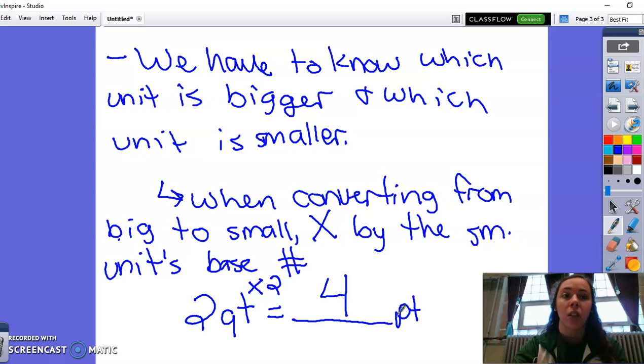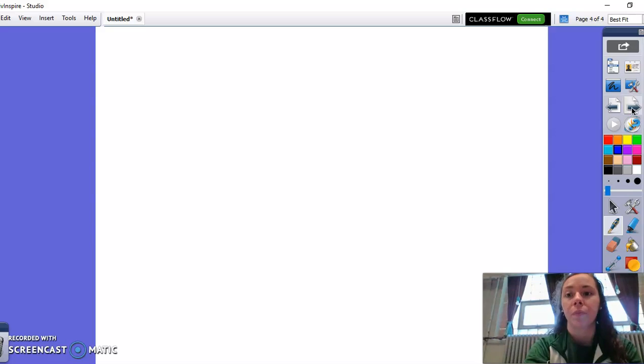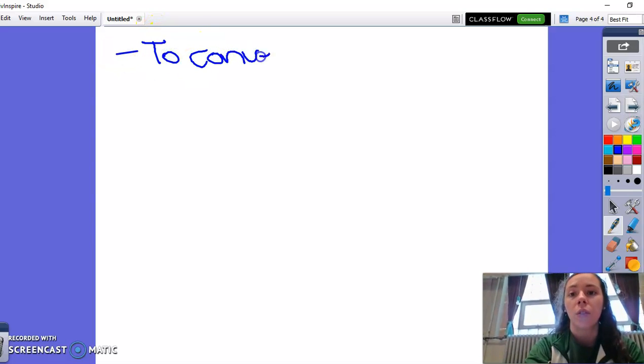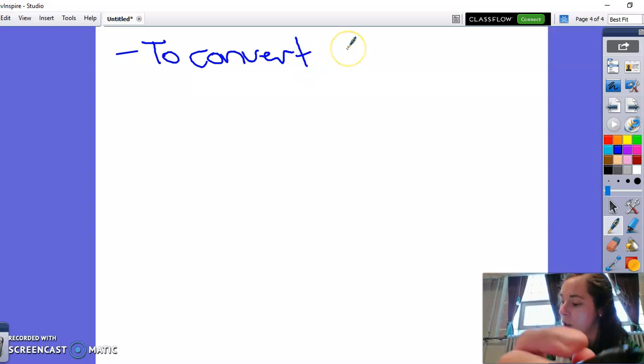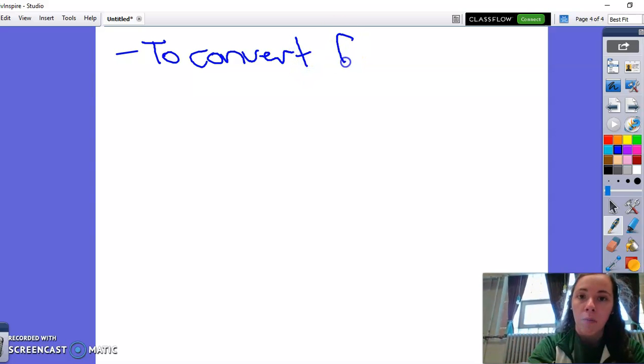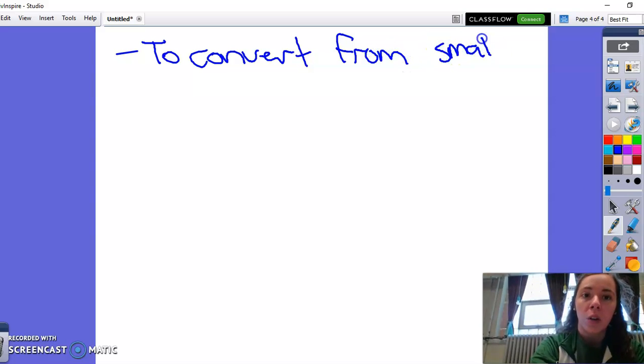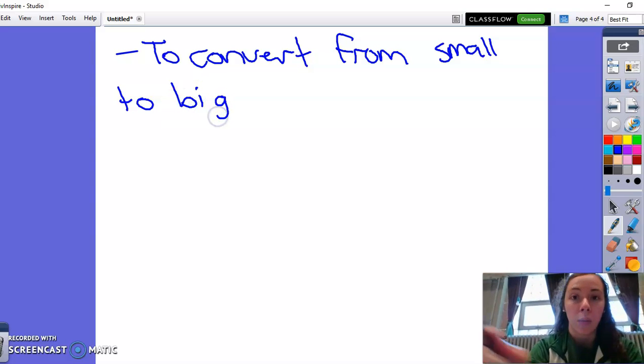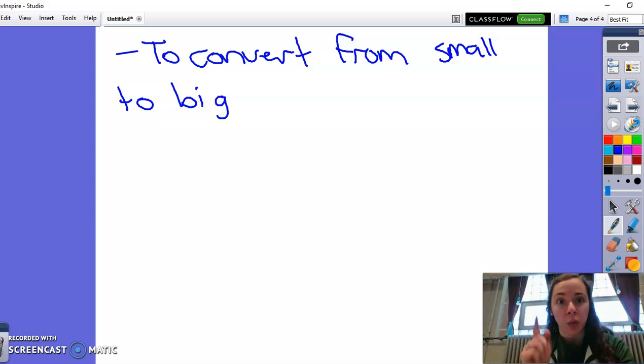And now let's look at the opposite. To convert from small to big. Remember, lots of littles makes one big.